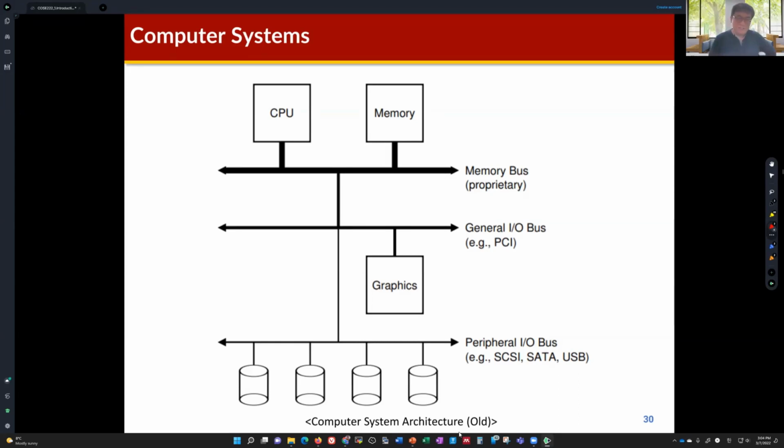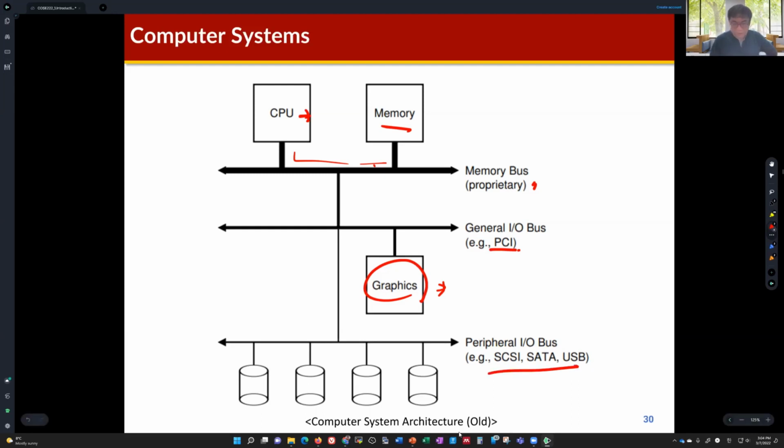This is the CPU, and the CPU is connected to memory via the memory bus, and also CPUs are connected to the graphics GPU via a general I/O bus like PCIe. This is an old system.